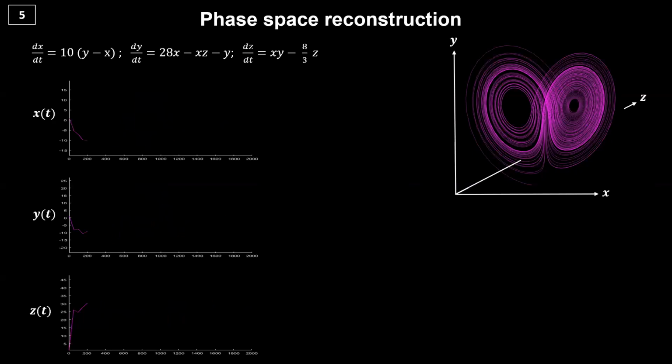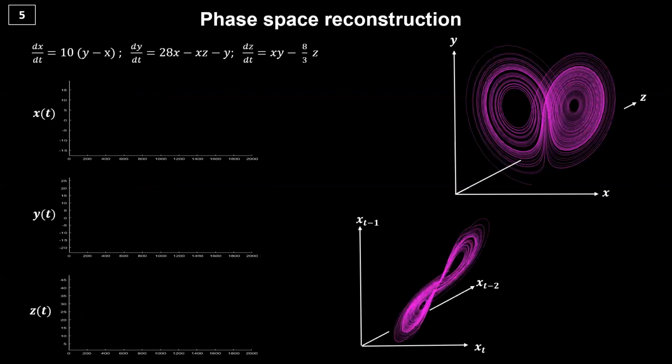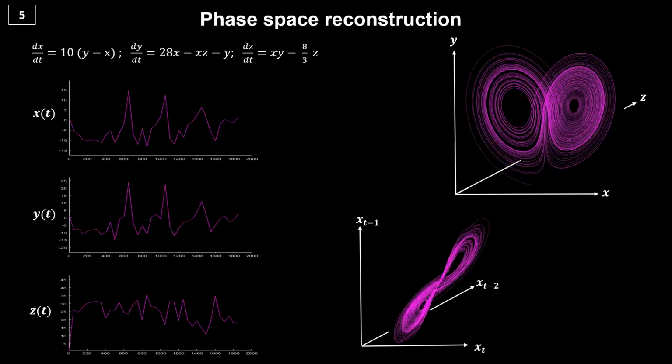Now, the theory of phase space reconstruction tells us that under very weak assumptions, we can utilize the time series of variable x as well as its lagged values to reconstruct the attractor, and that this reconstructed attractor preserves a lot of the properties of the original attractor.